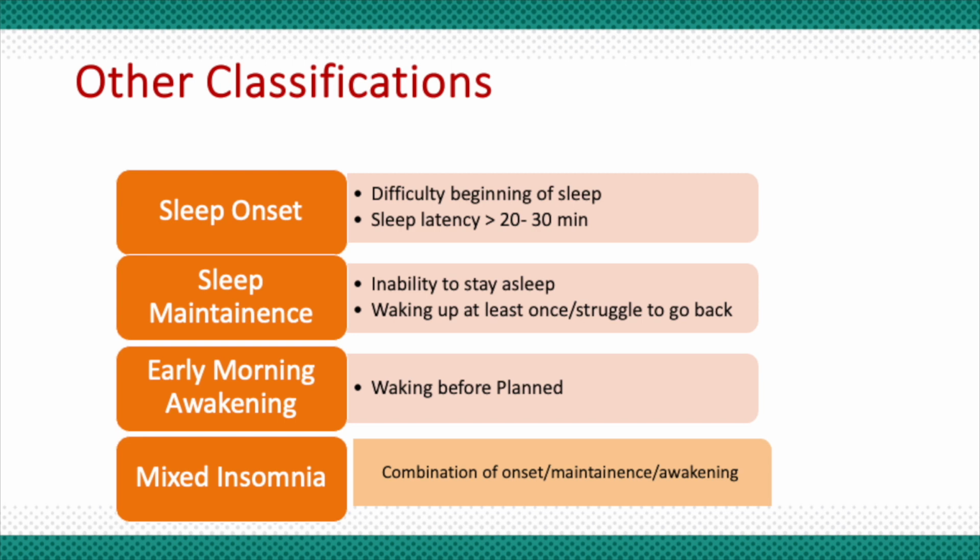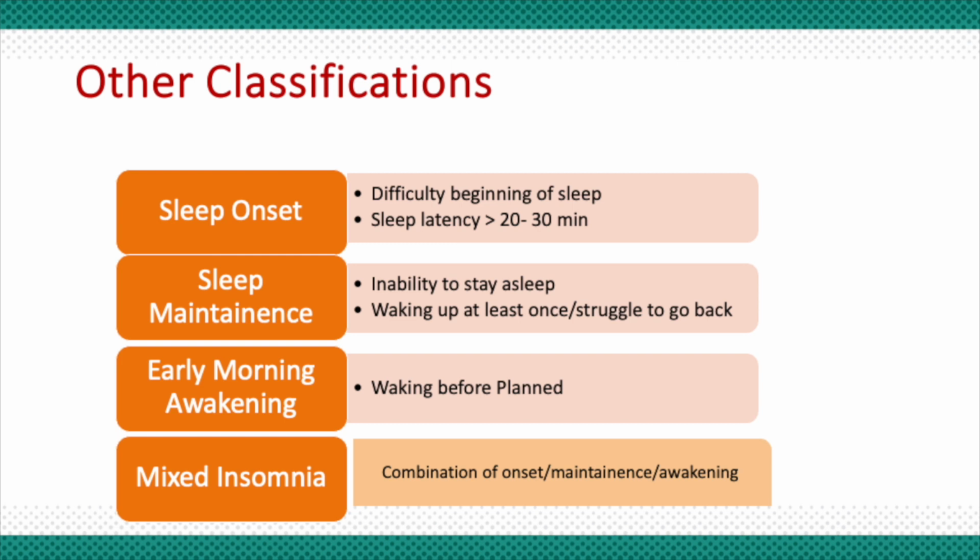Classically, there have been several other classifications also. Most of these have been used for research, and they've been used also to make it easier to decide which medication has to be given. So these are sleep onset insomnia, sleep maintenance insomnia, early morning awakening type of insomnia, and mixed insomnia.